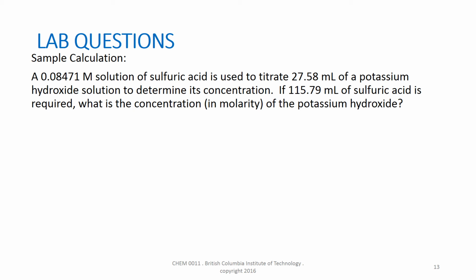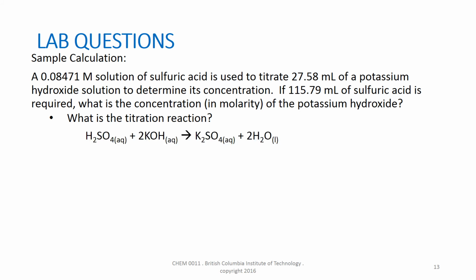Consider this sample problem, which is very similar to the lab question. In this case, 115.79 milliliters of a 0.08471 molar sulfuric acid solution is needed to titrate 27.58 milliliters of a potassium hydroxide solution. The balanced titration reaction is 1 mole of sulfuric acid reacts with 2 moles of potassium hydroxide to give 1 mole of potassium sulfate and 2 moles of water.